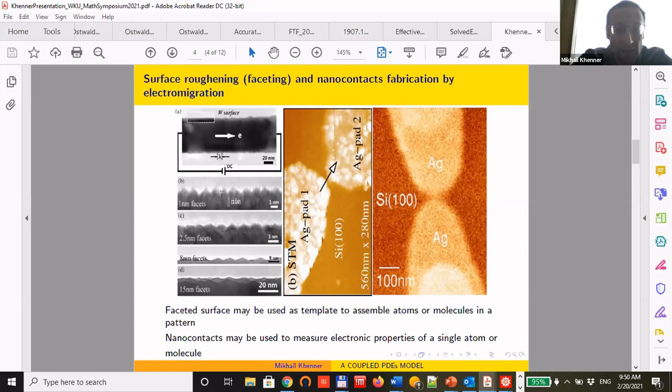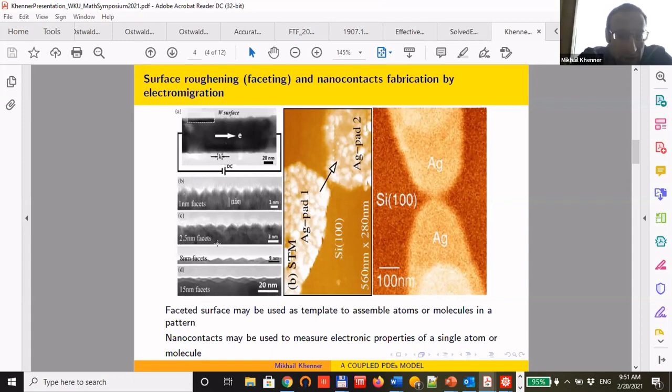Essentially, it's a periodic structure, although in reality it's not strictly periodic. The period changes from point to point along the surface, so to speak. And these hills have quite a large height, as you can see here, and in the scanning electron microscope or atomic force microscope, they can be clearly observed.